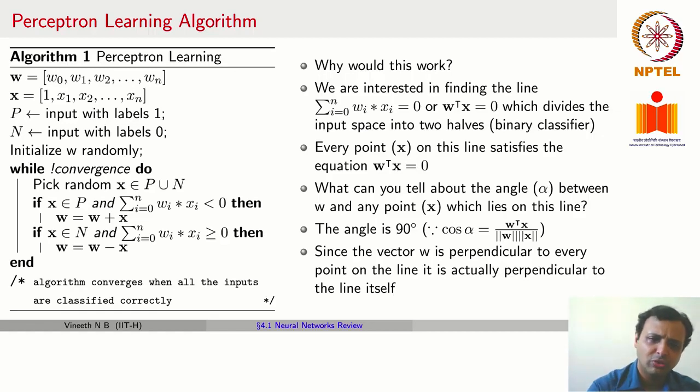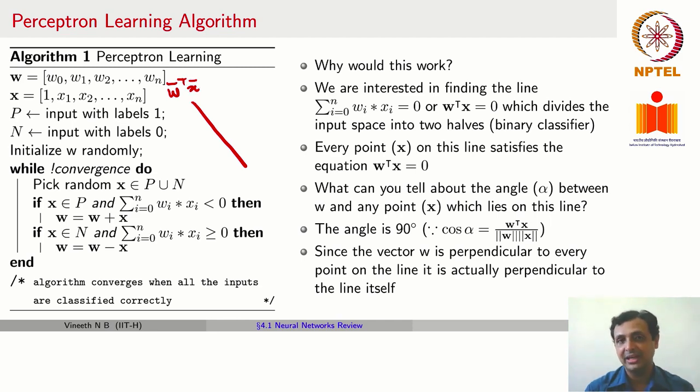Rather, for the equation of any line, let's say you take the equation of any line which is given by w transpose x. Okay, remember once again that the intercept b is going to get subsumed into w naught. The vector w will always be perpendicular to the line. Why is that the case? Because you have cos alpha. So if you take a point x here, okay, let's take a particular point x on this line.